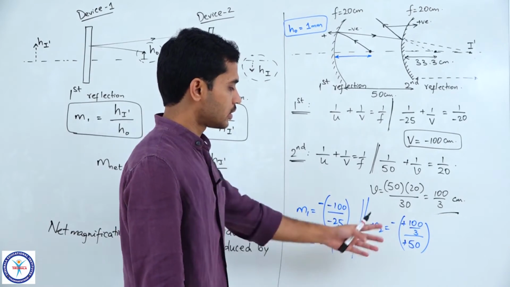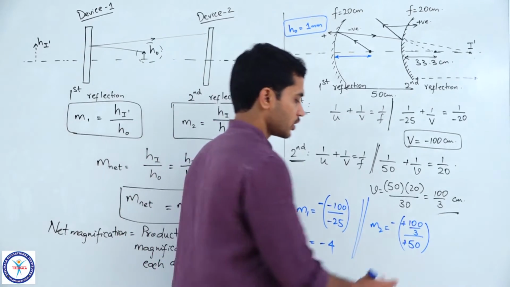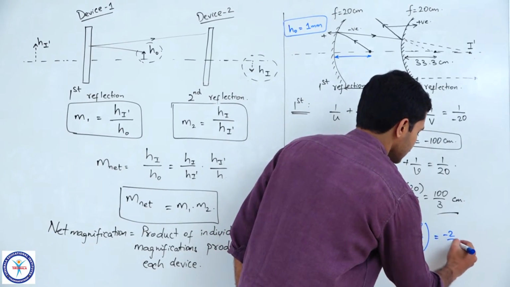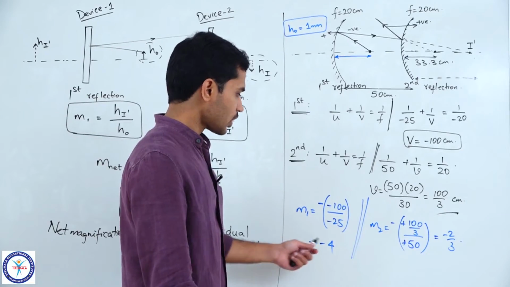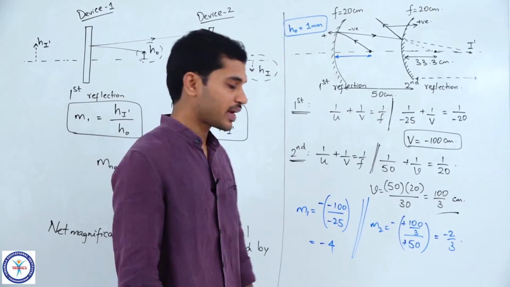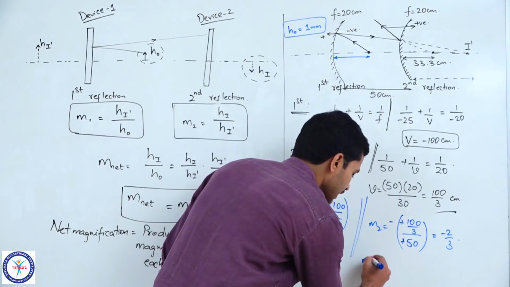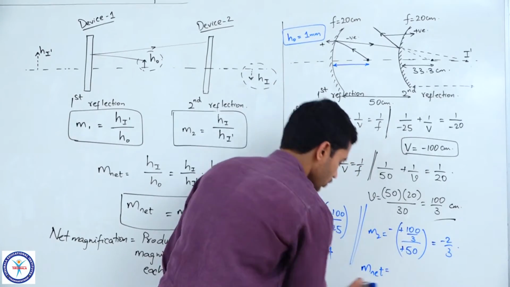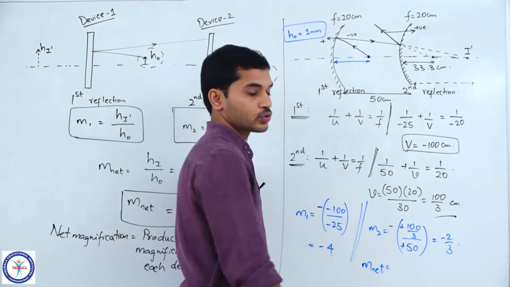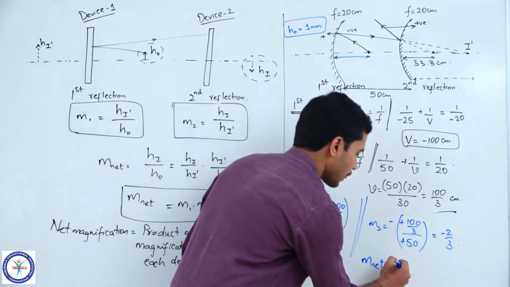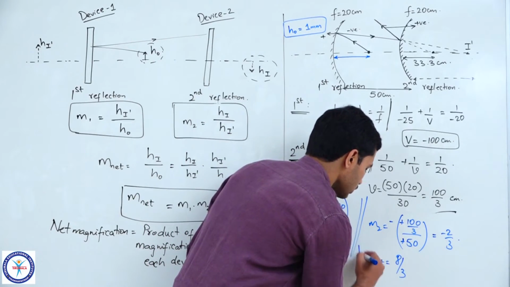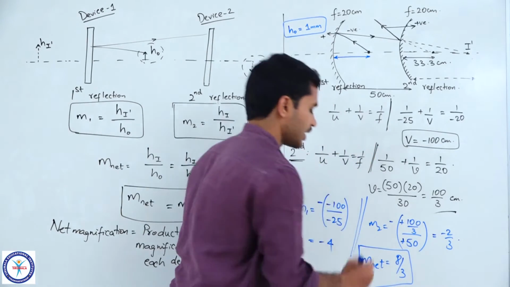What do you get? 2 by 3 with a negative sign, which means minus 2 by 3. That is it. We have found the individual magnifications. So I can directly write the net magnification now, which is minus 4 into minus 2 by 3. What is that? Plus 8 by 3. That would be the final answer.